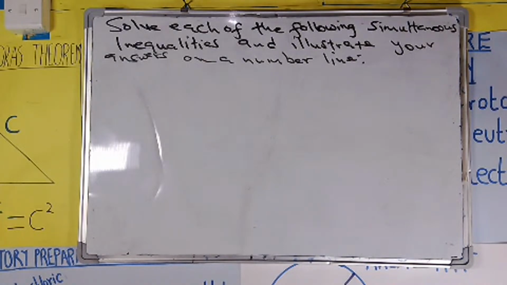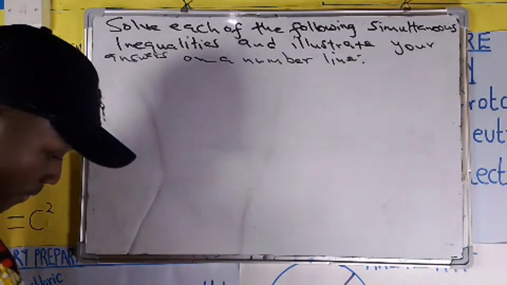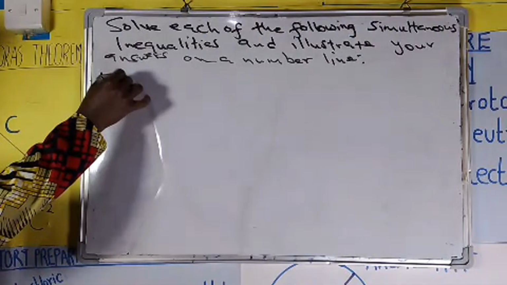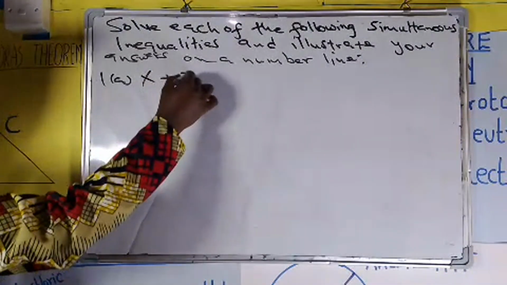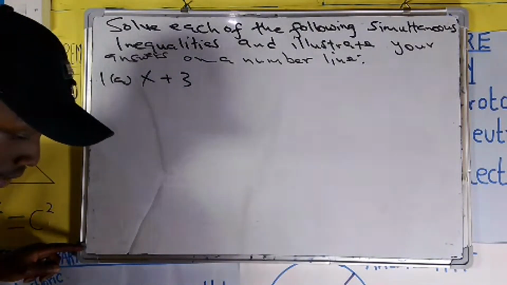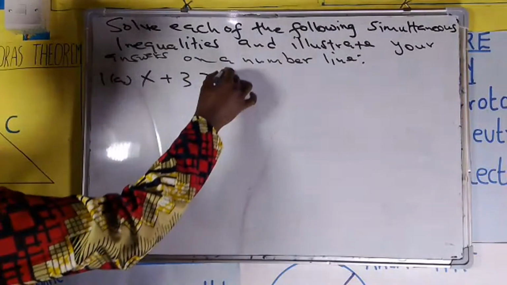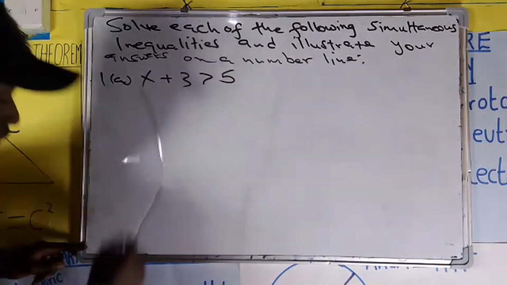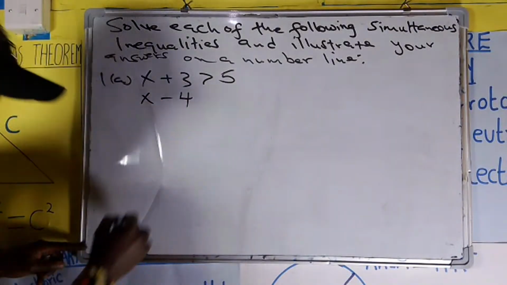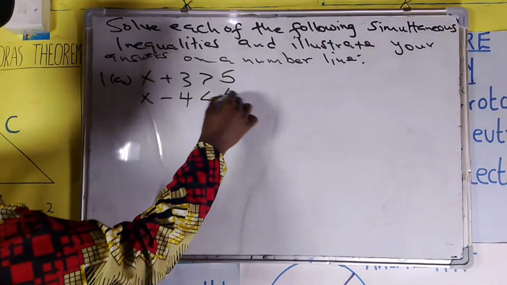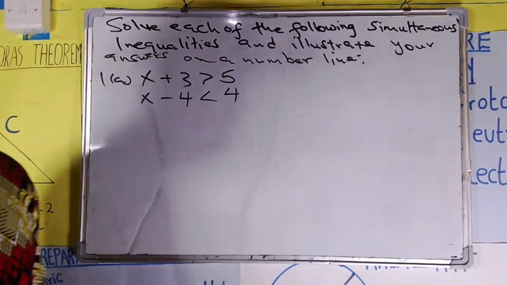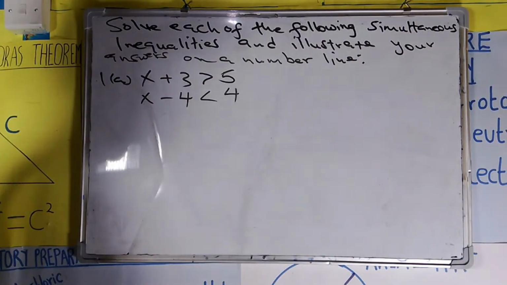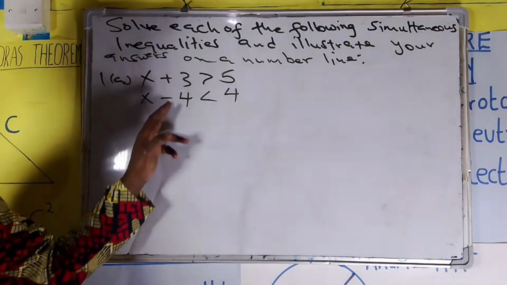X plus 3 is greater than 5. X minus 4 is less than 4. We have these two.